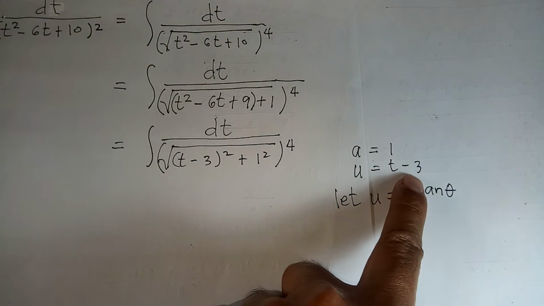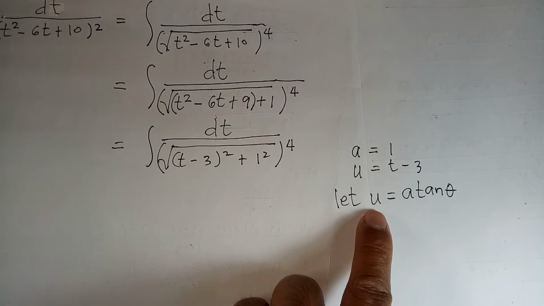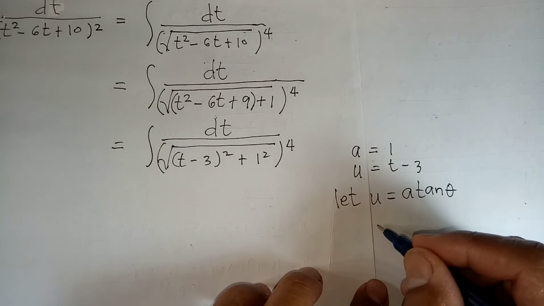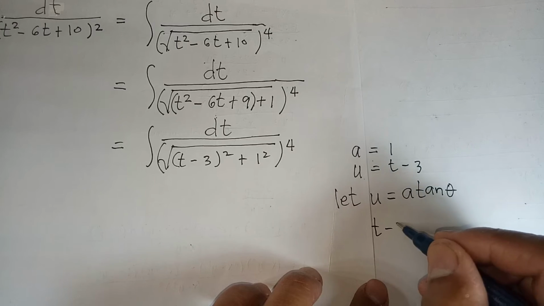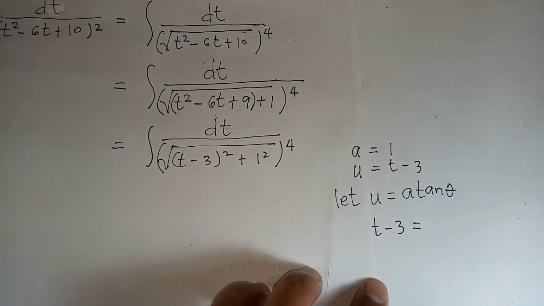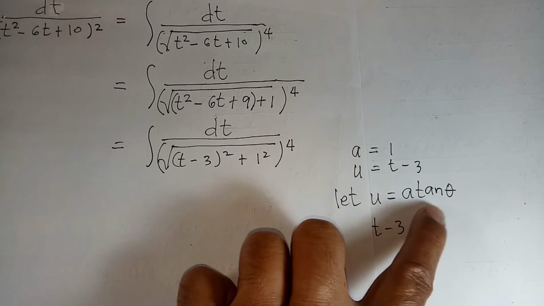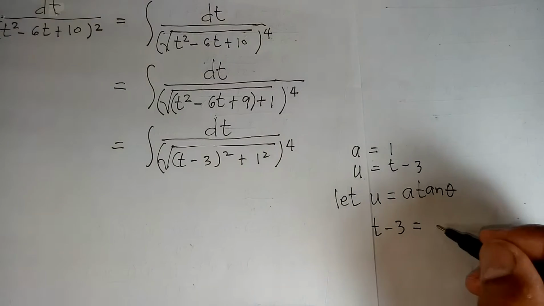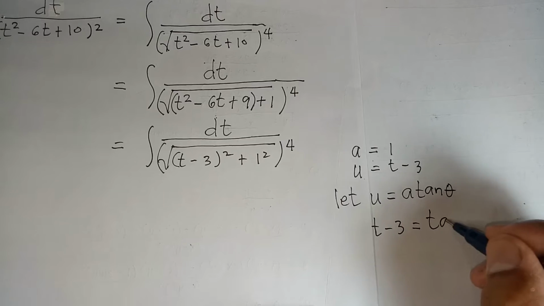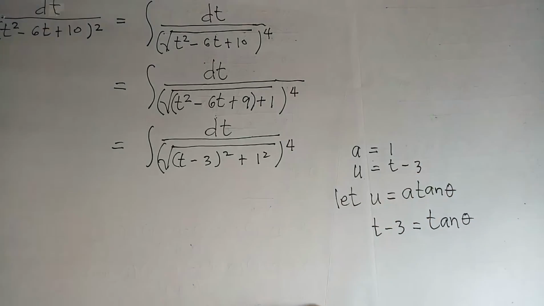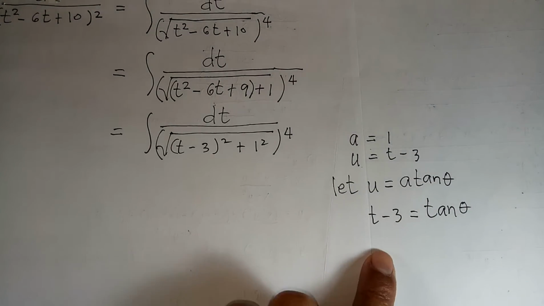So, yung u natin ay t minus 3, so yung u na yun, papalitan natin ng t minus 3. Ang a natin ay 1, so yung a na yun papalitan natin ng 1. 1 times tangent ay tangent of theta. Kaya kukuha tayo ng derivative both sides.